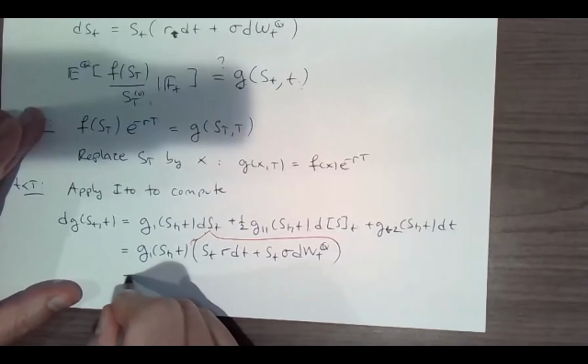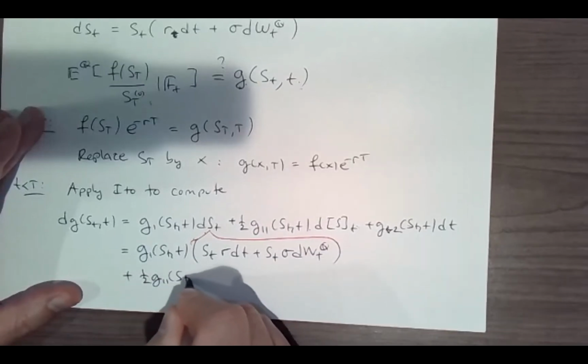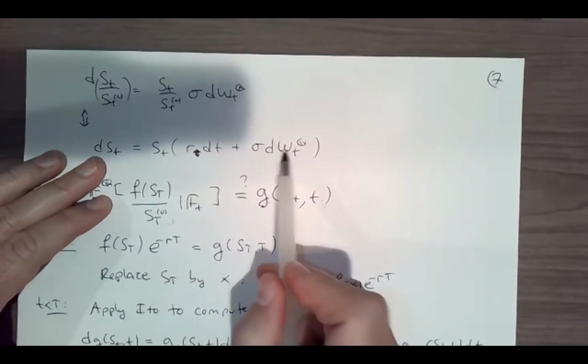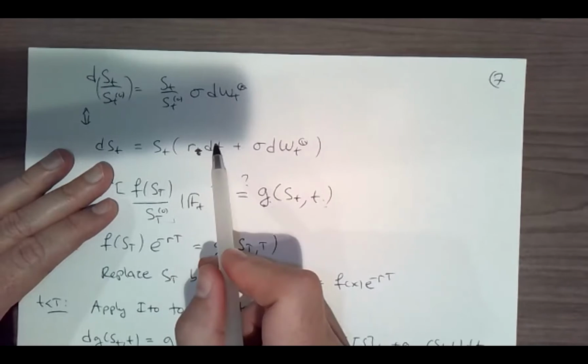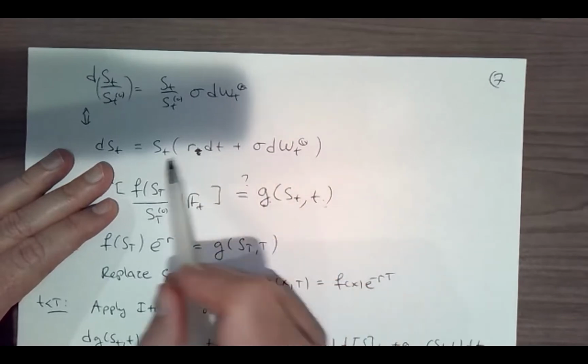I need the quadratic variation: 1/2 g11 of S_t and t, and then the quadratic variation of S. I need to look at how S's dynamics look. Well, there's drift and volatility as always. When I compute the quadratic variation, I don't need to worry about the dt term. I just need to worry about the volatility term. What I need to do is square the integrand.